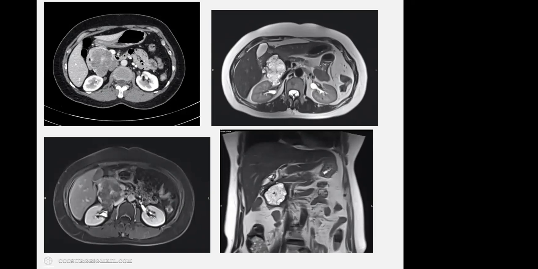So left side upper is CT scan. Well done, perfect. And this sequence is MRI. And can anyone tell us which sequence is this? Like in MRI, it is T1, T2, Haste sequence, contrast enhanced. T2 sequence. Perfect. Why?